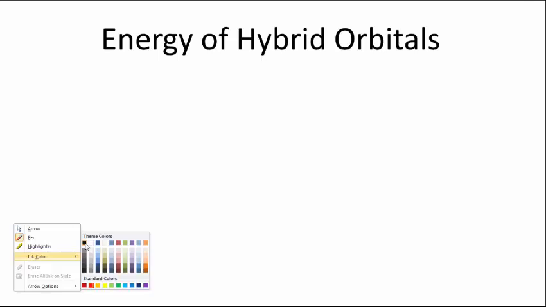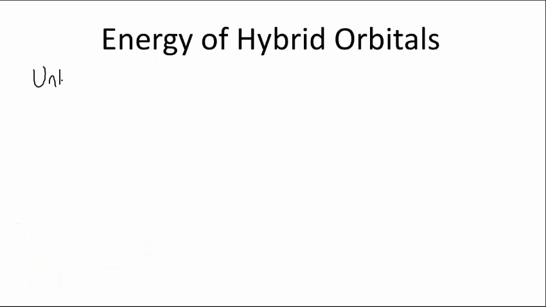All right, so let's think about our unhybridized orbitals. What kind of orbitals does every atom start with? An s and 3 p's.